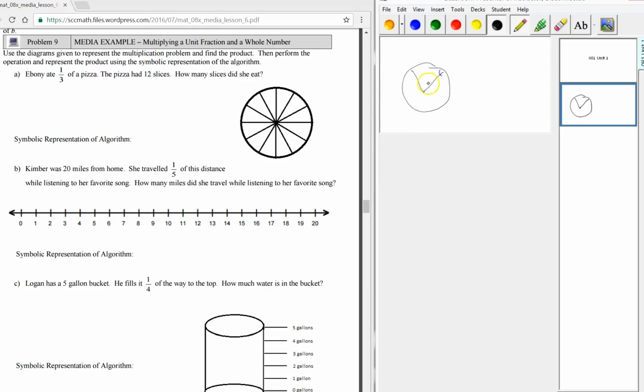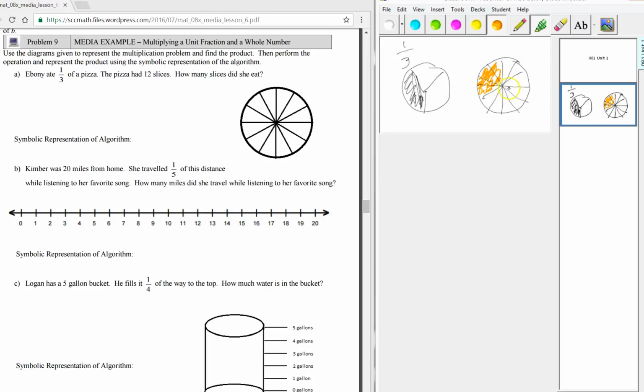Looking at these in two different ways, it's 1/3 of a pizza, and here we have 1/3 as a number, and then when we refer to the 12 slices, now we're looking at 1/3 of 12.